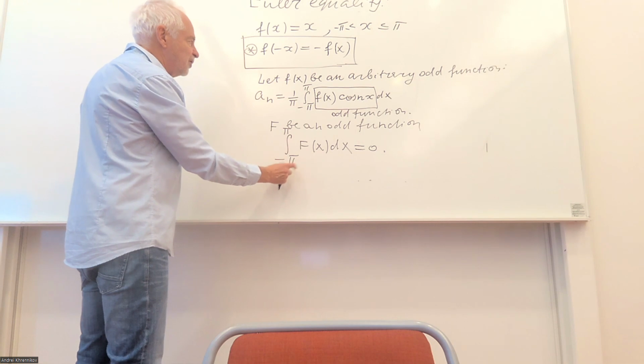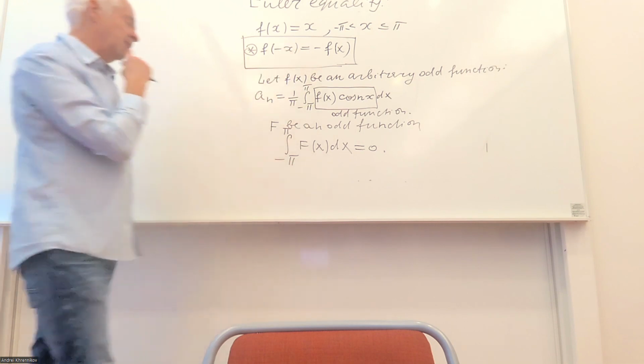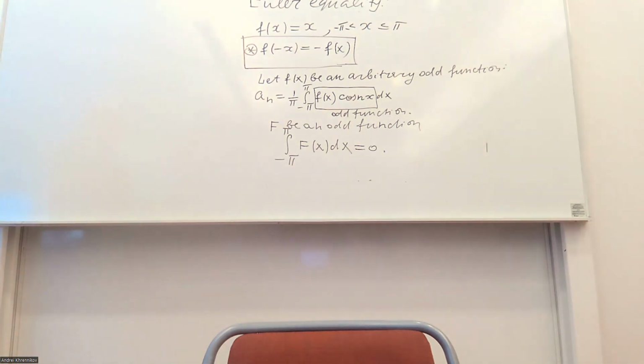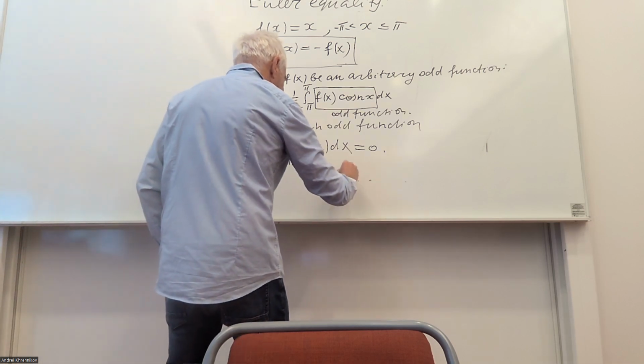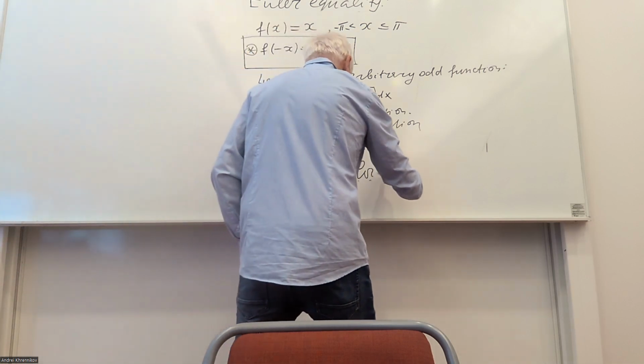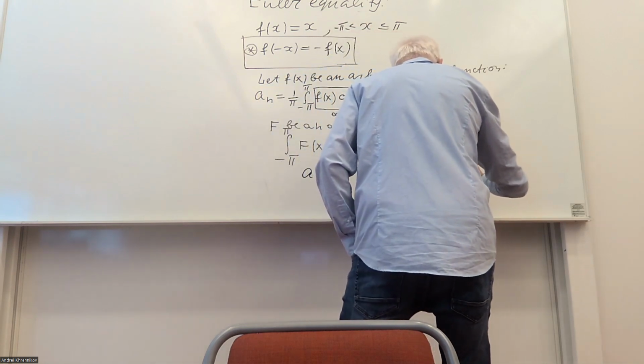And on the second interval, make the change of variable x to minus x and use this property. So this integral is 0. So if the function is odd, all cosinus Fourier coefficients are 0. So an is 0 for any odd function.